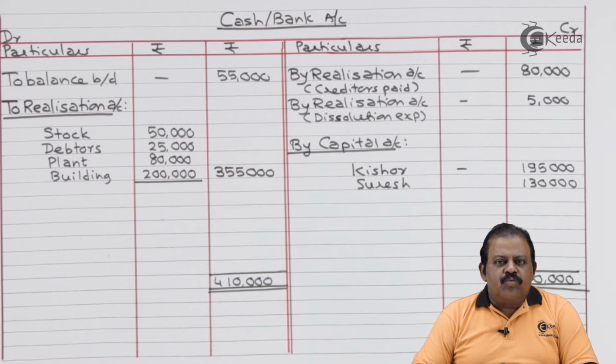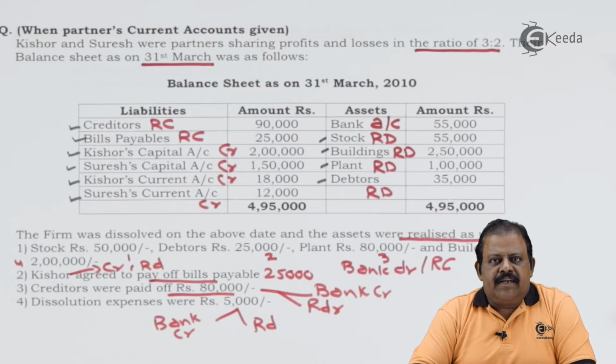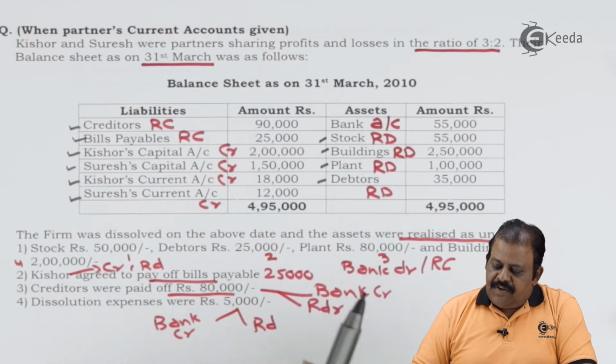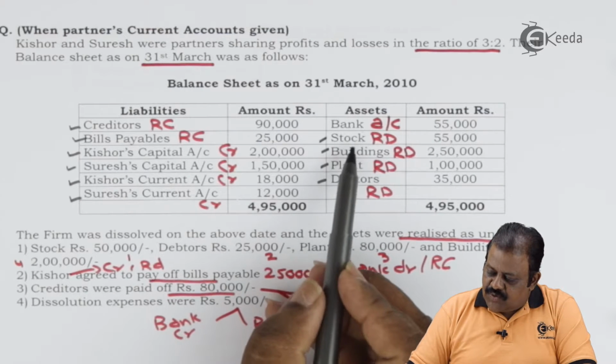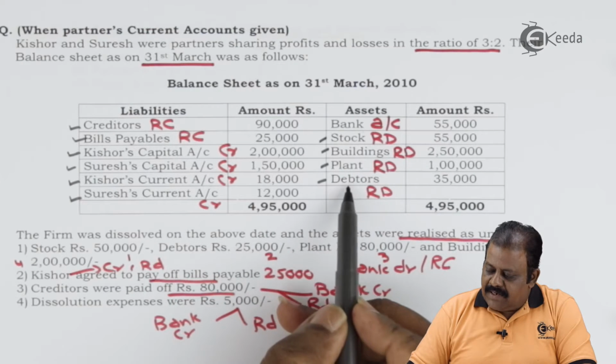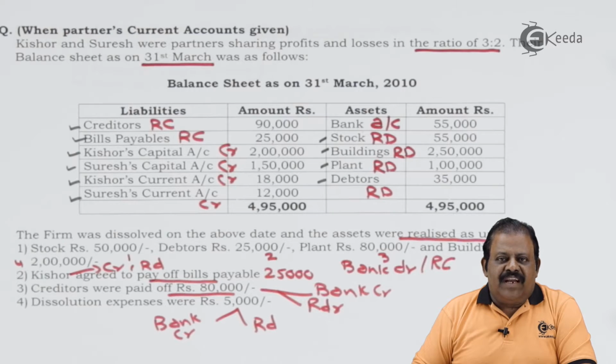Now let us move to journal entries. Let us start with the journal entries. First step, transfer step. We are required to transfer stock, building, plant and debtors to realization account.